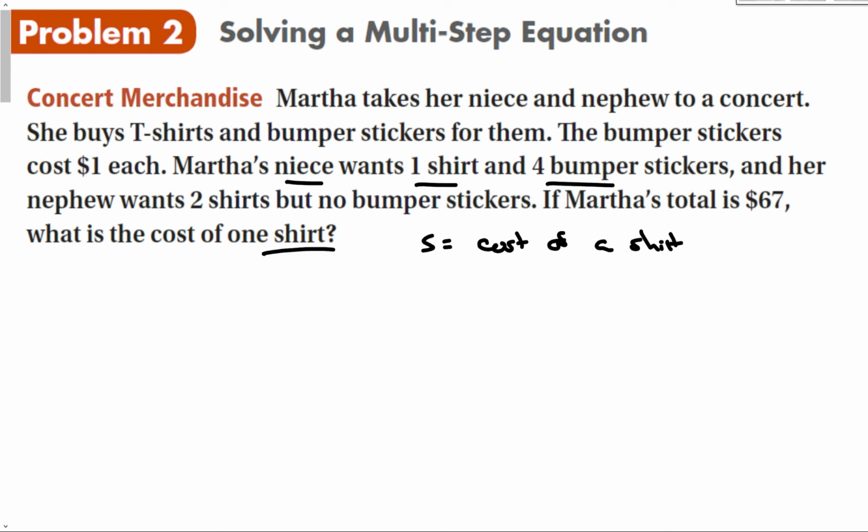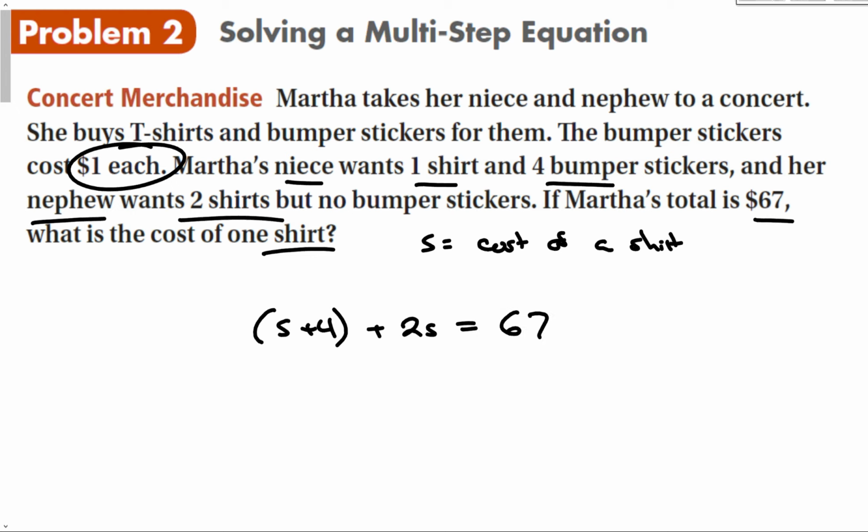Okay, well, a bumper sticker costs $1, so she wants the price of the shirt plus $4 because the bumper stickers cost $4. The nephew wants two shirts, so that's plus 2 times S. And when we add them all up, her total was $67.